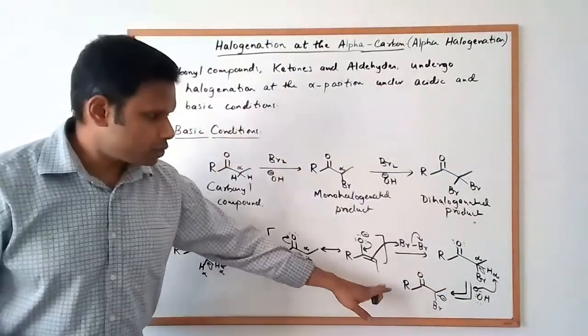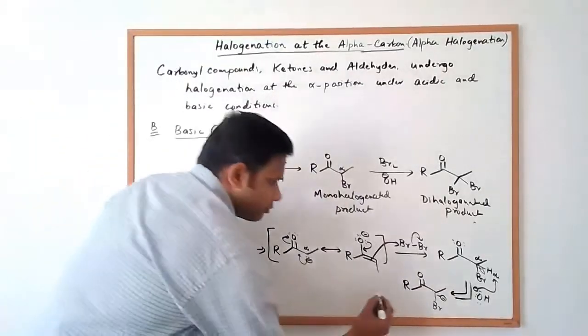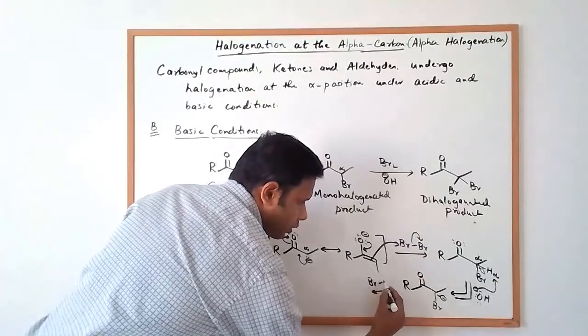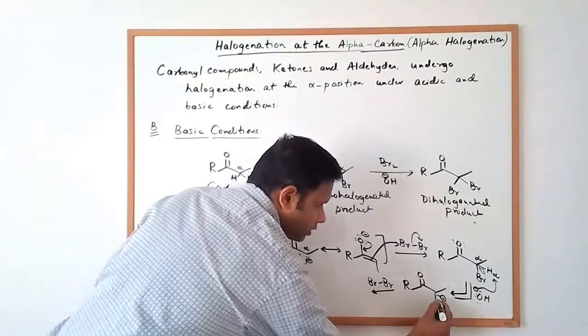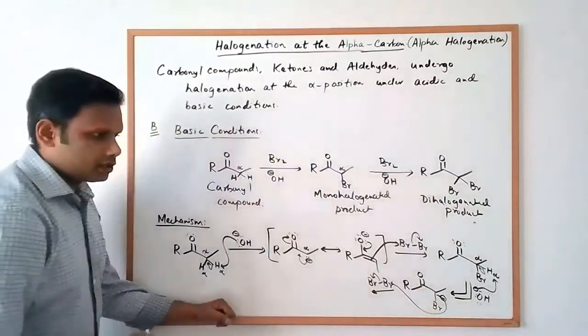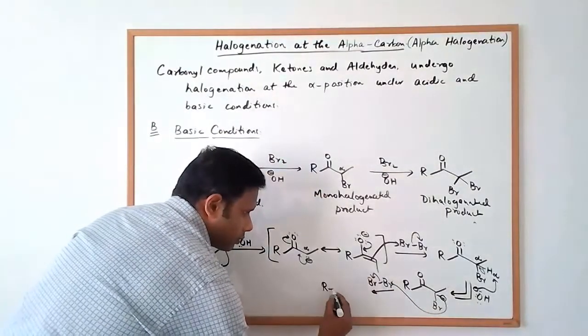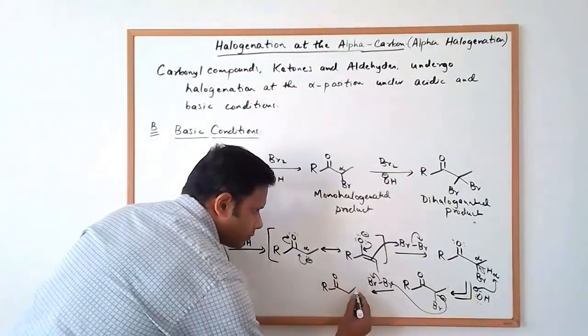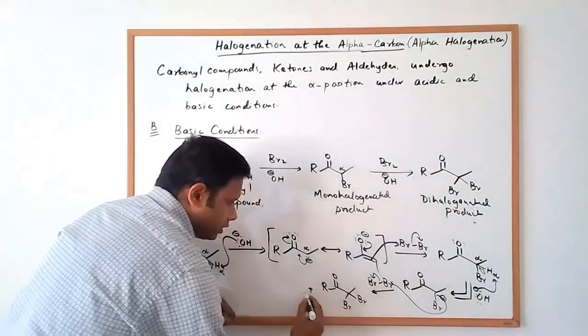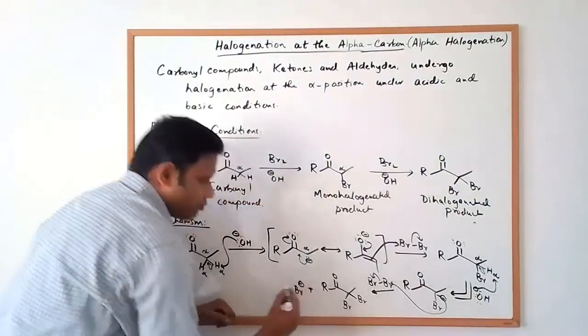Now I'm going to skip drawing the resonance form here, but this enolate can react with another molecule of the bromine to do a double halogenation. That's such that our product is going to be the dihalogenated product along with Br minus.